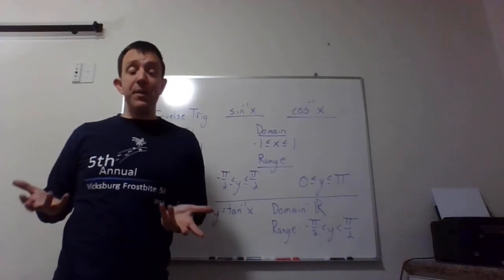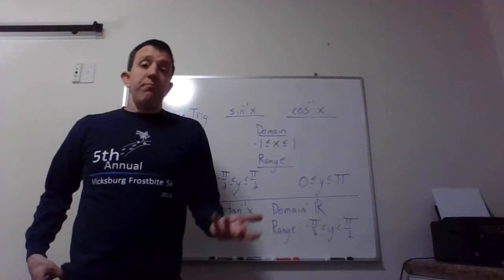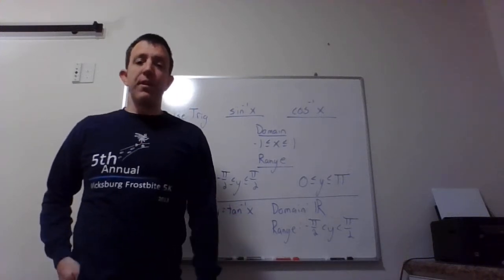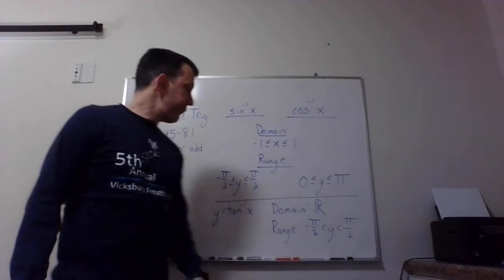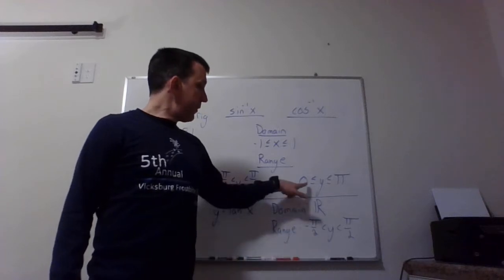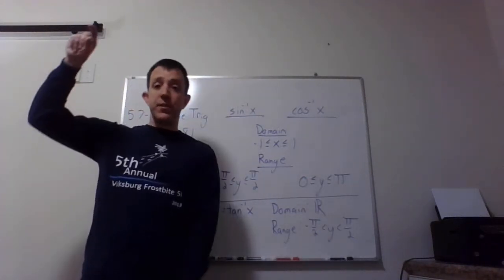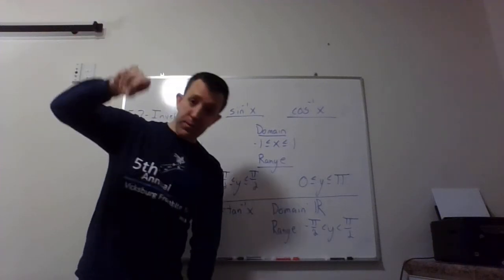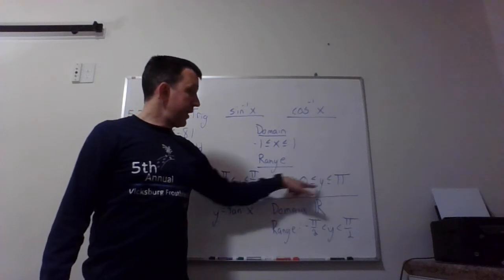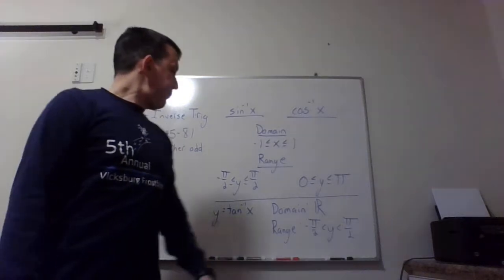Here's a hint: if you want it to be positive, if you get -pi/4, just add 2 pi, and that'll swing it around the circle and make it a positive value. For cosine, its range is going to be from 0 to pi. Again, that's because the cosine curve starts up at 1 and then goes down to -1, starting at 0 and finishing going down to -1 at pi.